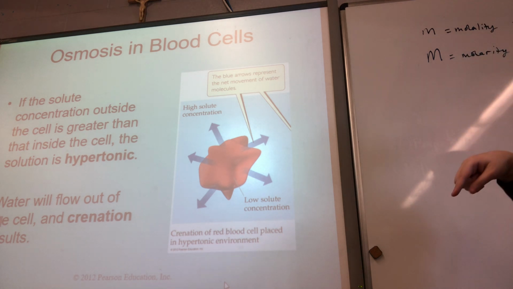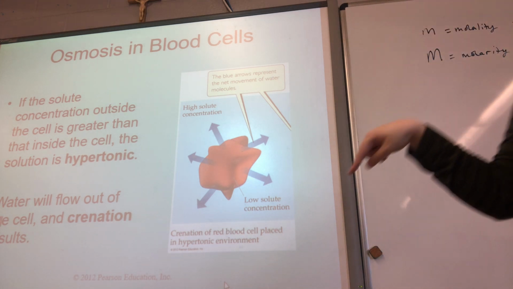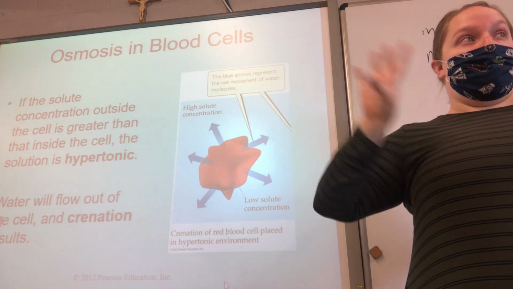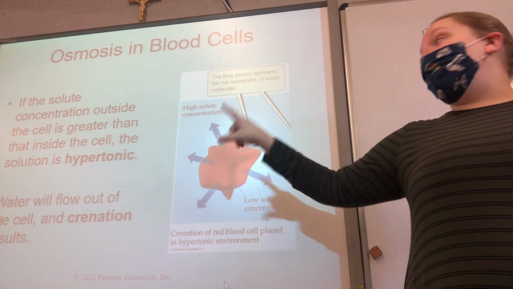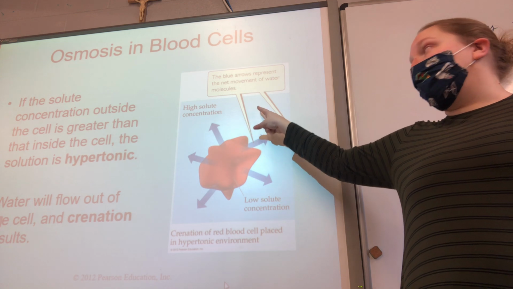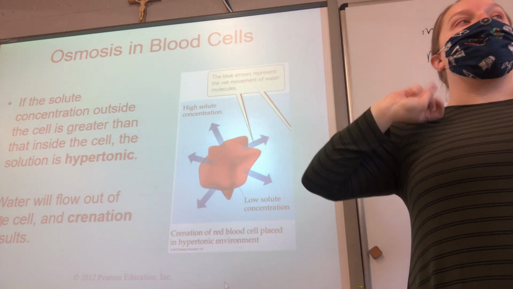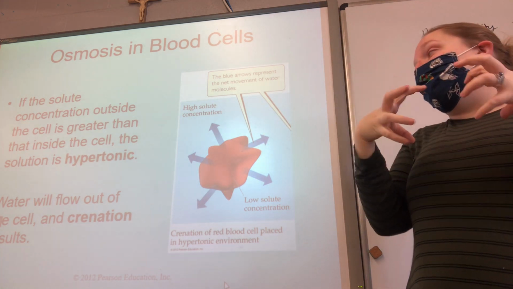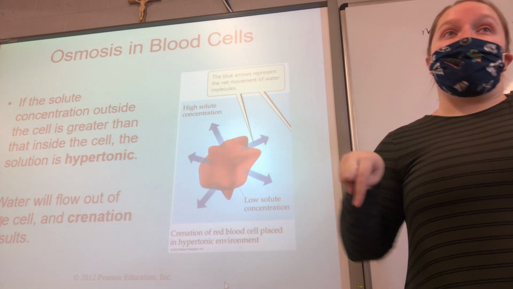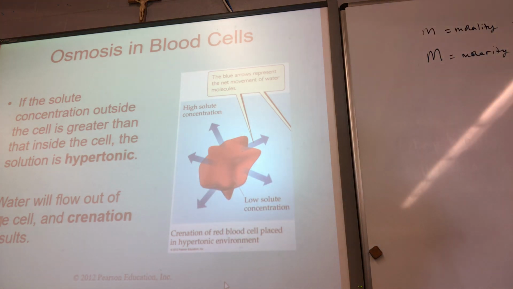So which way is the water going to move? Out. High water concentration inside, low water concentration outside means the water is going to move out, the cell's going to shrink, and we call this crenation. So that's the first situation.